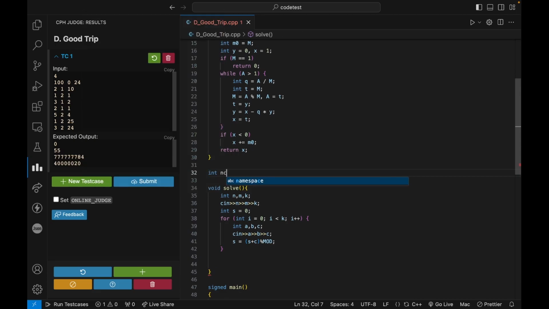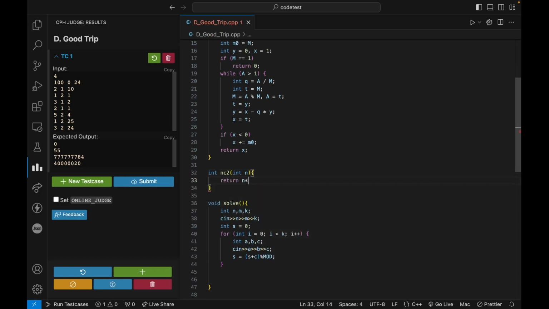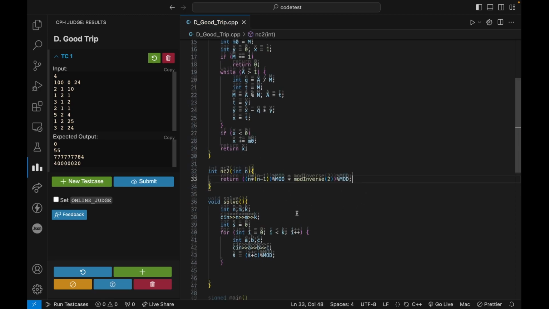So I can say int NC2 of n, and this I will return n times n minus 1, and let's also take the modulus again, times the modular inverse of 2, and then let's take mod again. So this will give me the NC2 value.